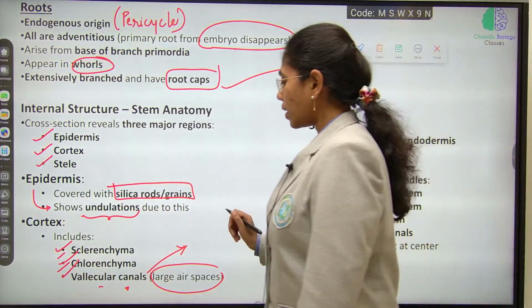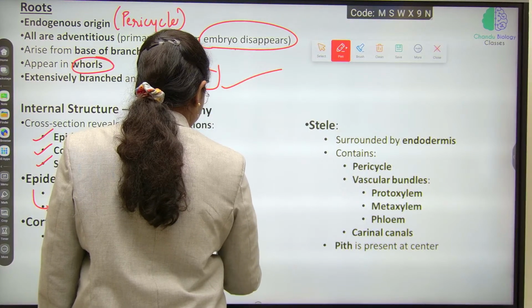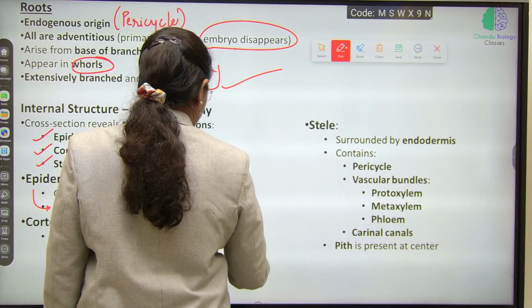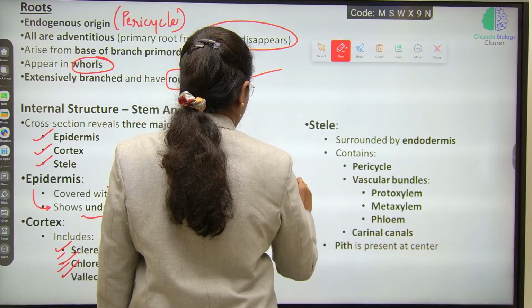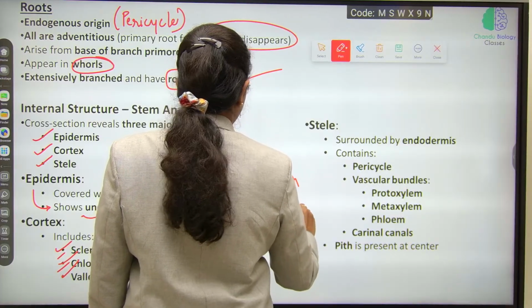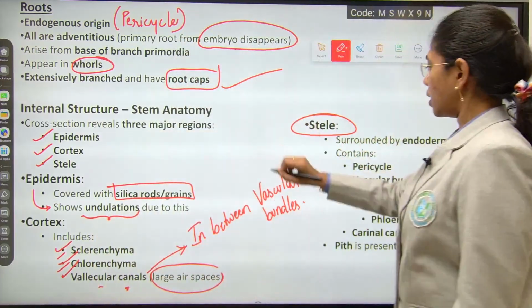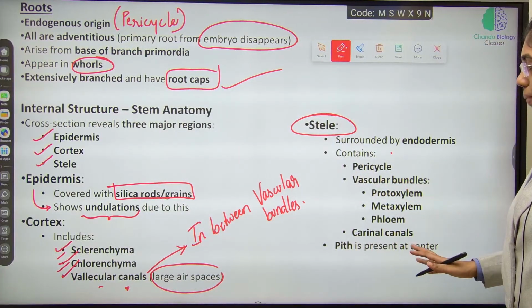Okay, vallecular canals, they are present in between vascular bundles. Next, stele. Stele consists of pericycle, vascular bundles and pith.